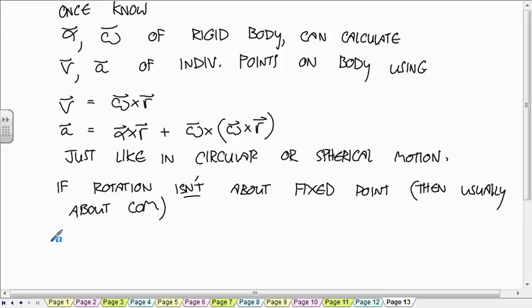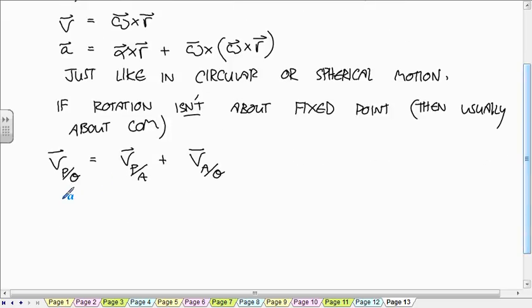So the velocity of P relative to O is equal to the velocity of P relative to A plus the velocity of A relative to O. And the same thing with acceleration.